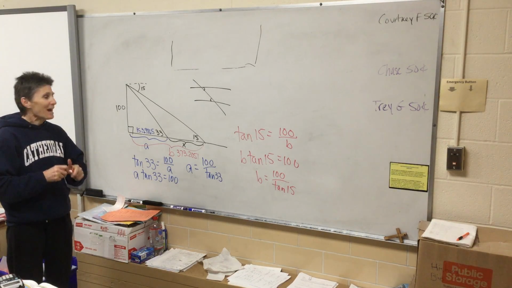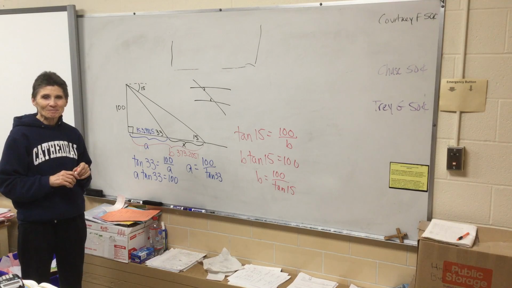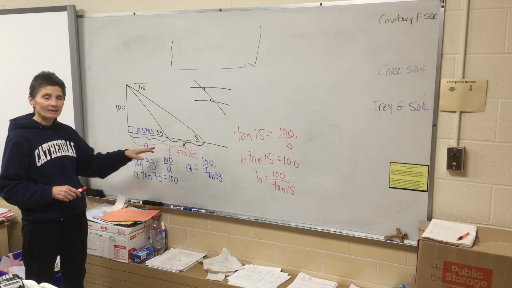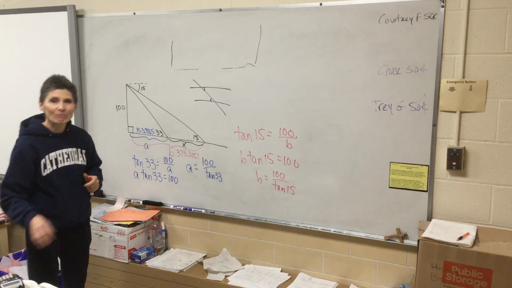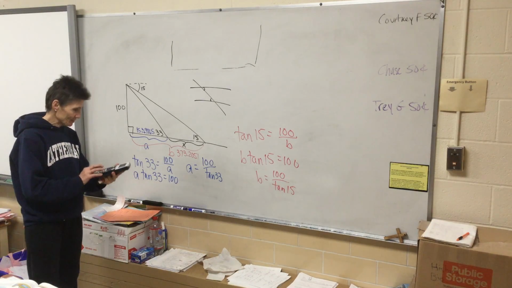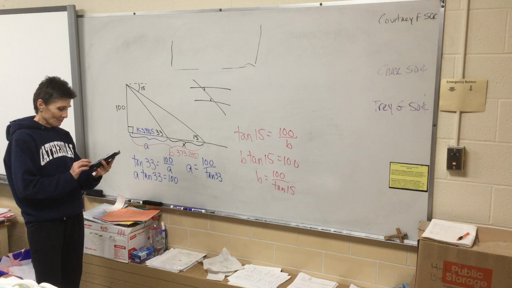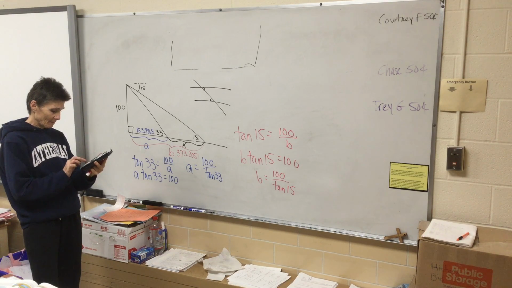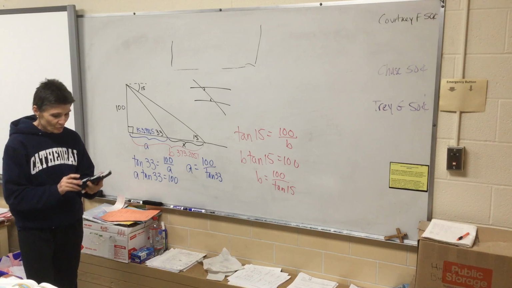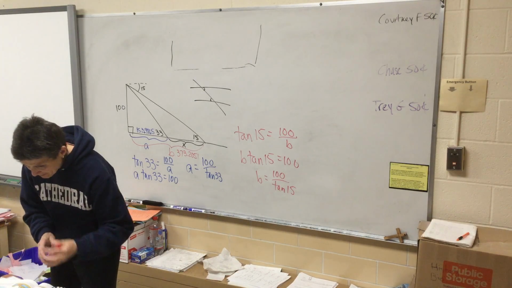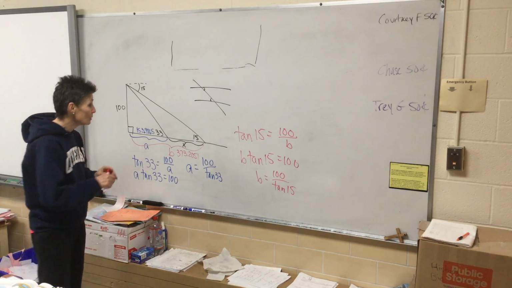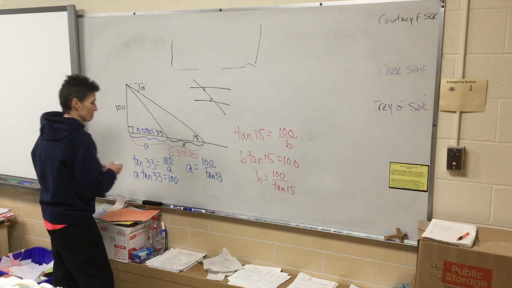So now, how do I find X? It's real easy. I just take B minus A, right? B minus A will tell me how far the car traveled. So, that number minus 153. So it traveled about 219 feet, 219.22 to be exact.